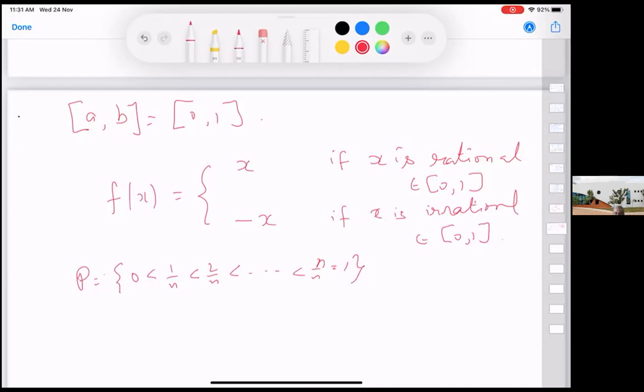Now, what happens is in every interval there will be positives and there will be negatives, right?